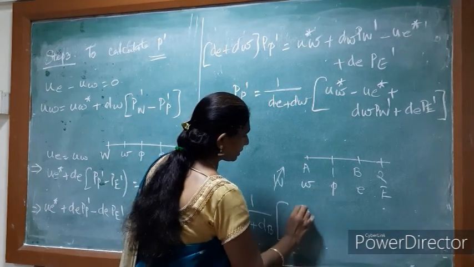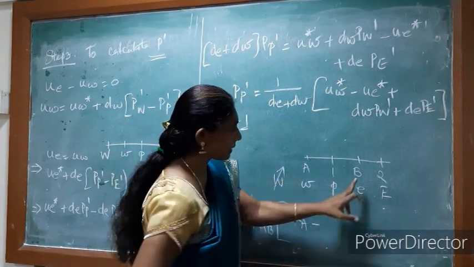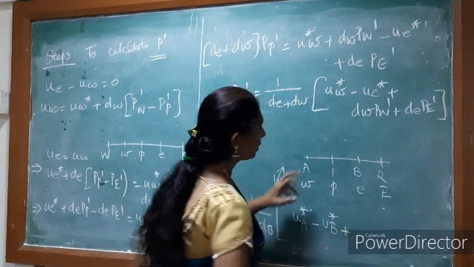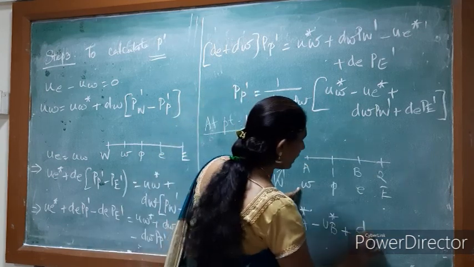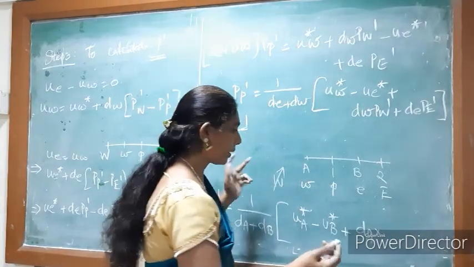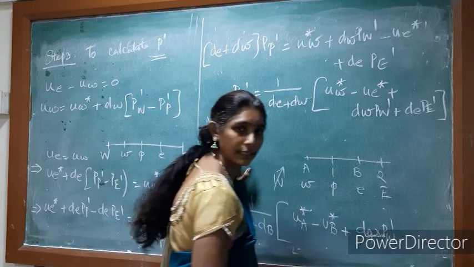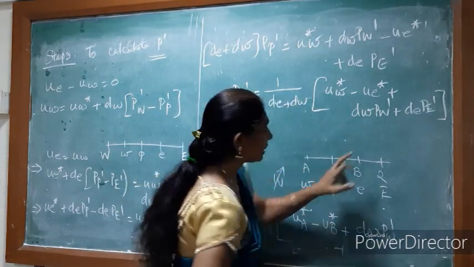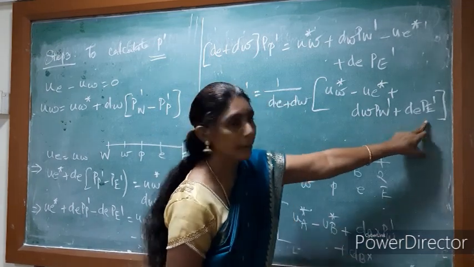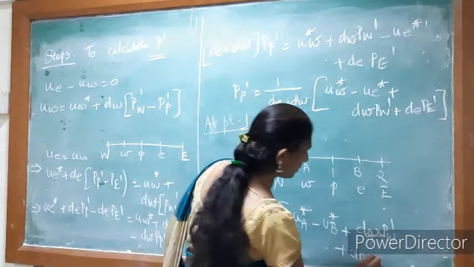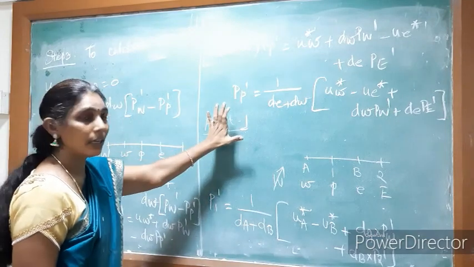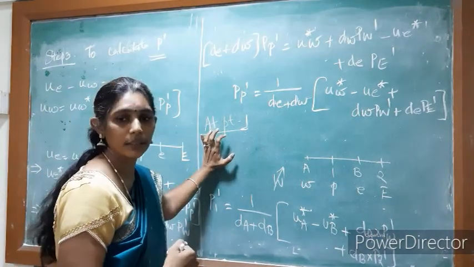So UA star minus UB star plus this is dW, so it is again dA into PW dash. This uppercase W is no more there, so I don't have any point to replace. I will simply write it as PW dash itself plus dE. So dE is again here, it is dB into PE dash, the uppercase E which is P2 dash. Right? So I have written this equation in terms of the points that I am really bothered about. Okay.